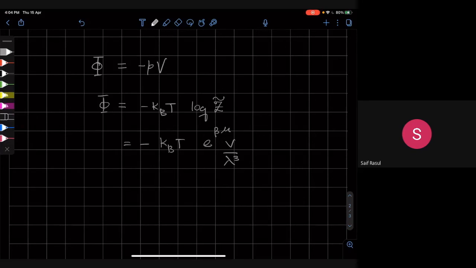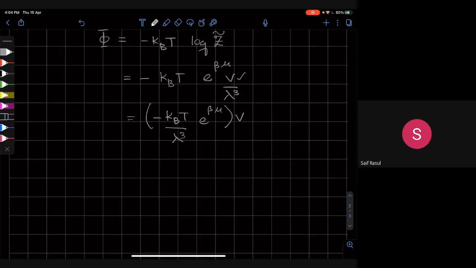We see here there's a factor of V, so we can write this as minus k_B T divided by lambda cubed, e to the power beta mu, times V. So this tells us that this is nothing but P. So P times V is k_B T e^(beta mu) over lambda cubed times V, right?